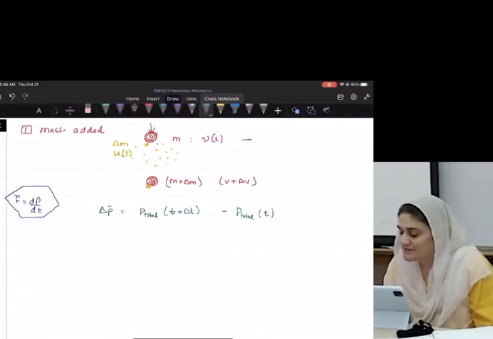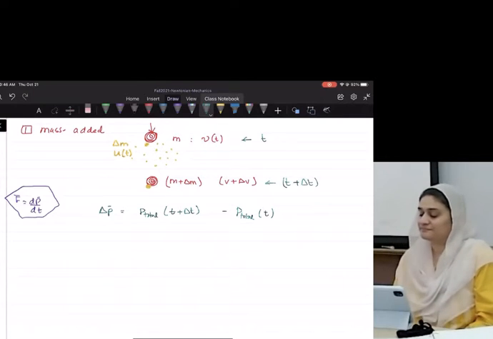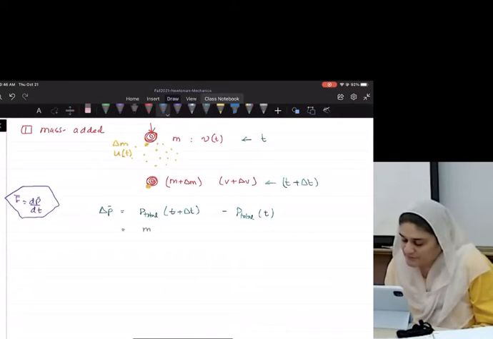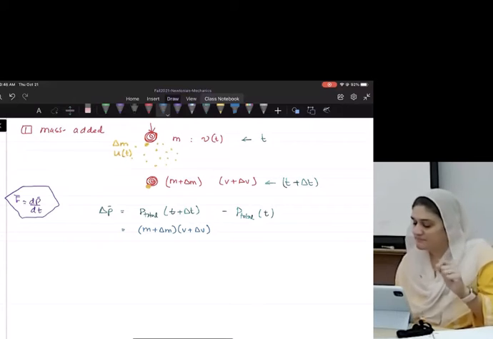So imagine this is at time t, and this is at some future time t plus delta t. This would be M plus delta M and V plus delta V. Yes? What is momentum? M times V.